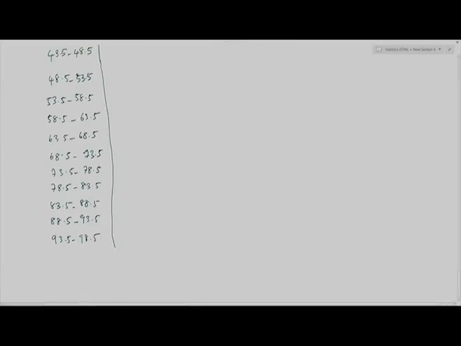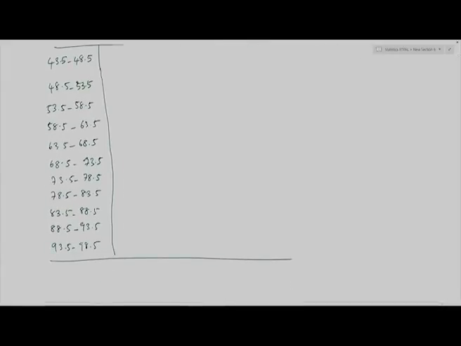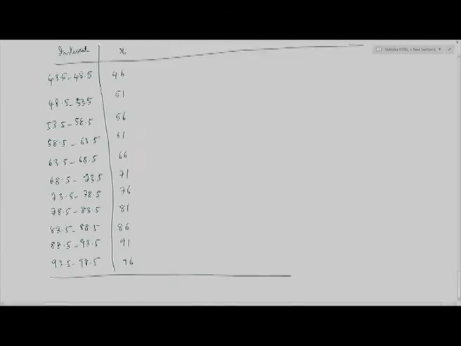For these class intervals, I can choose the midpoint, that is our xi: 46, 51, 56, 61, 66, 71, 76, 81, 86, 91 and 96. These are the xi values.